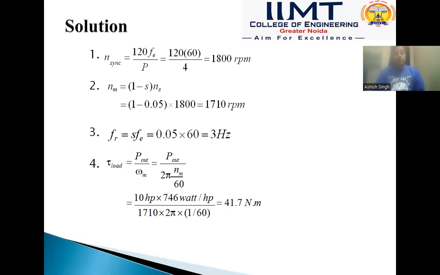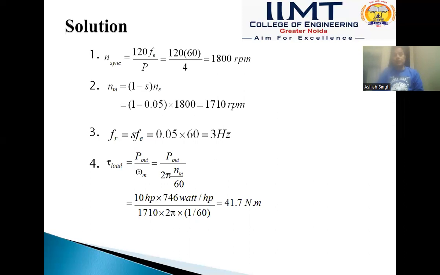Load torque developed by a three-phase induction motor is given by the formula P out upon omega m. P out is given as 10 horsepower. As we know, the SI unit of power is not horsepower, it's watt, so we first convert horsepower into watt by multiplying by 746, divided by omega m, where omega m is the motor speed, calculated by the formula omega equals 2 pi Nm.